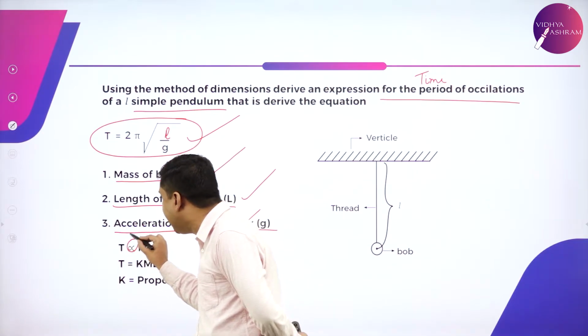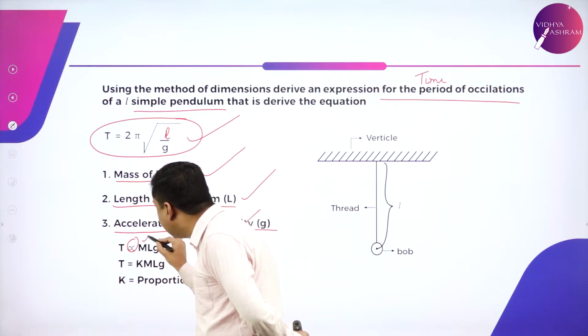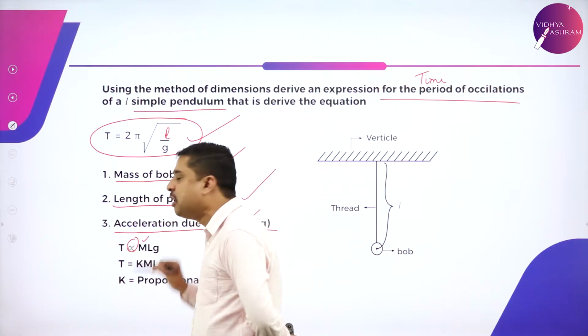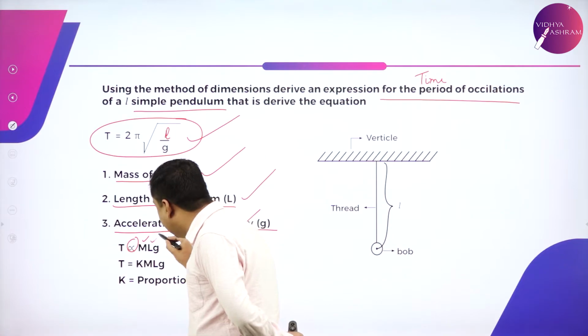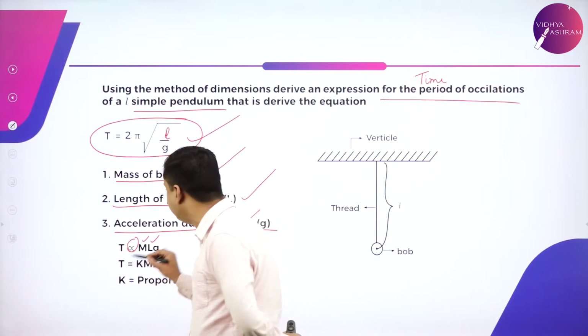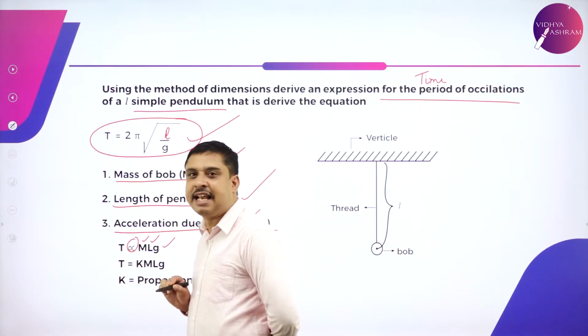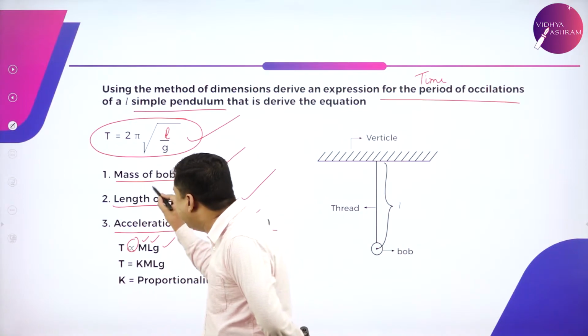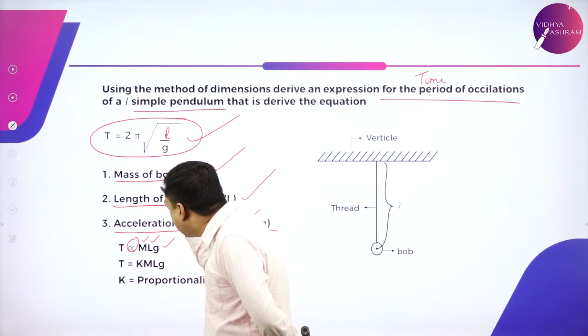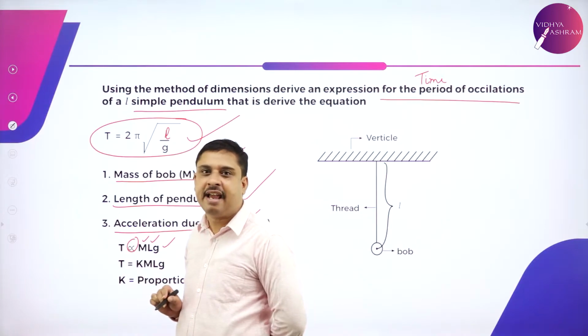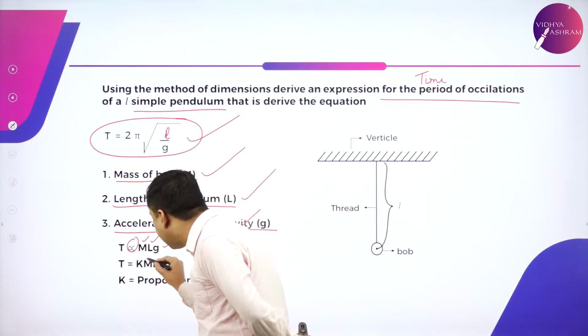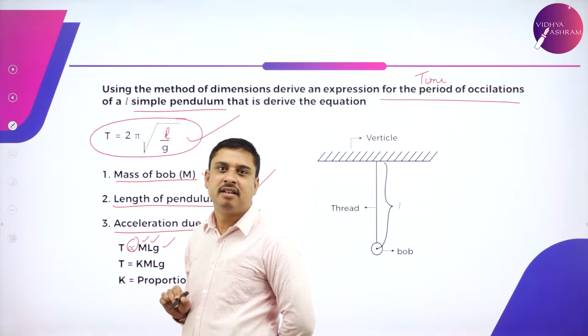So time period is proportional to mass of the bob, length of the pendulum, acceleration due to gravity. I've written it in expression form here.